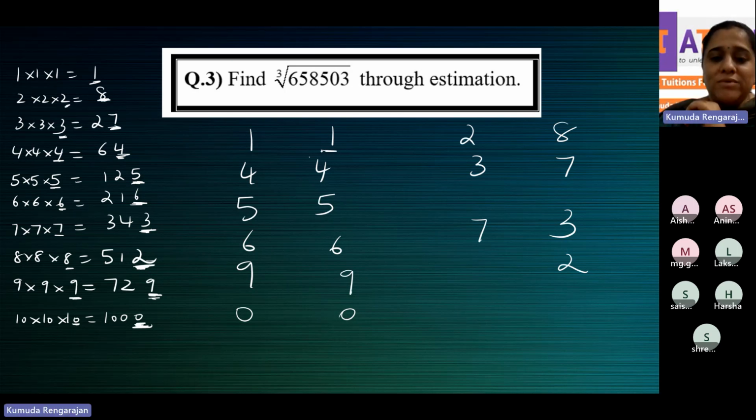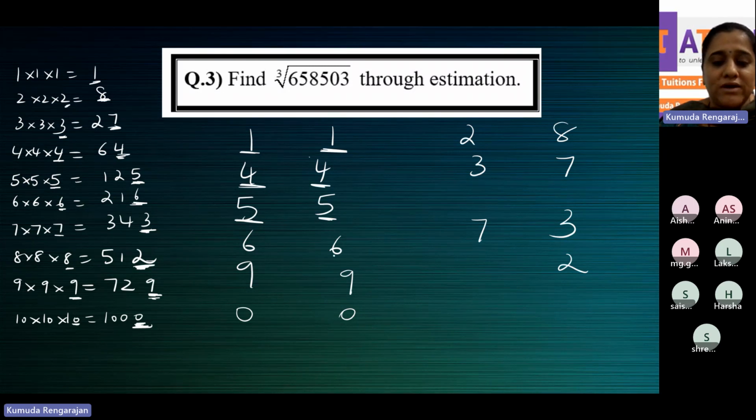So if a cube number or a perfect cube ends with the digit 1, then its cube root also will end with the digit 1. If a cube number ends with the digit 4, its cube root also will end with the digit 4. If it ends with the digit 5, its cube root also will end with 5.